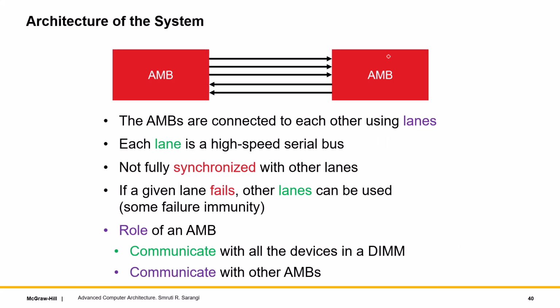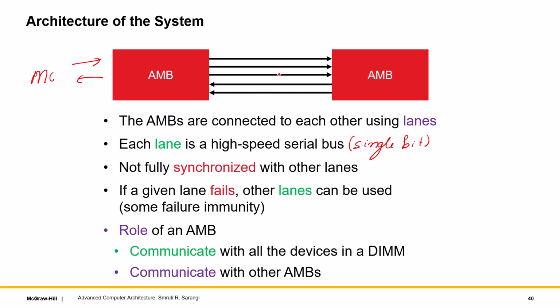So the first memory controller is connected to the first AMB, and the AMBs are connected to each other using these lanes, where a lane carries a single bit. It's a high speed serial bus because it carries a single bit. There is no need for absolute synchronization with other lanes, so this requirement has been removed in the interest of performance.